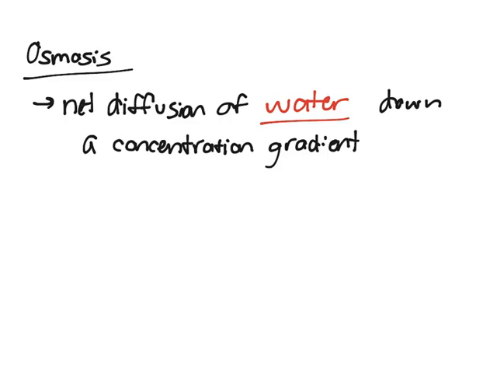And so osmosis will occur if one side of the membrane has molecules that are non-penetrating.